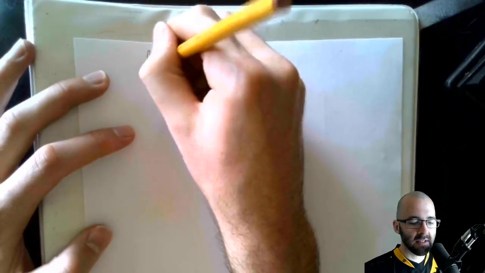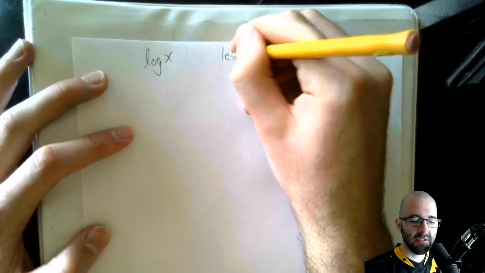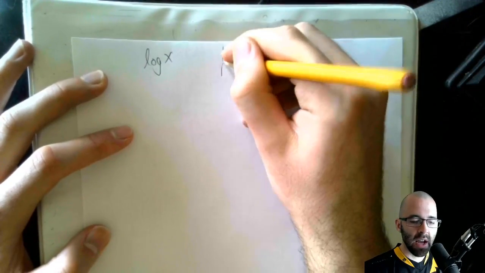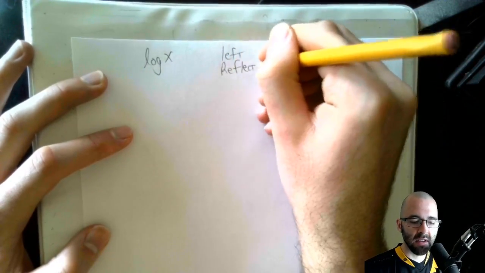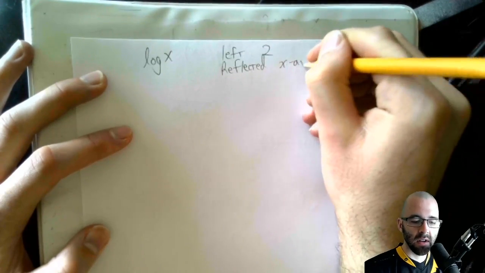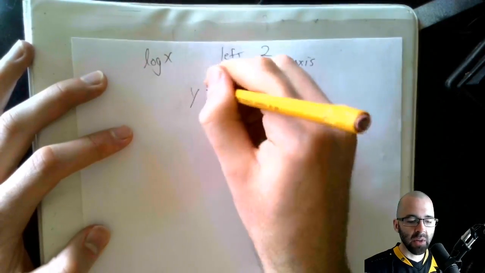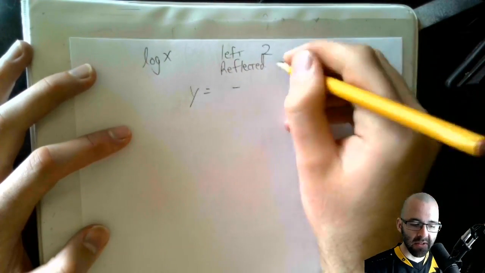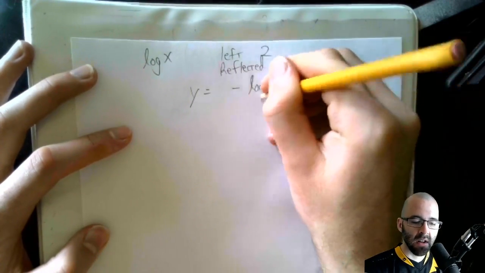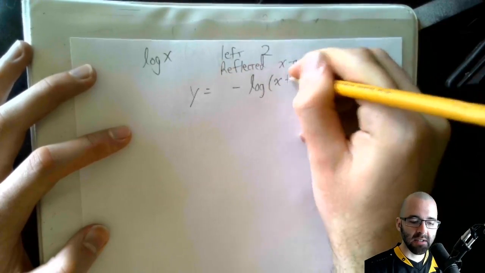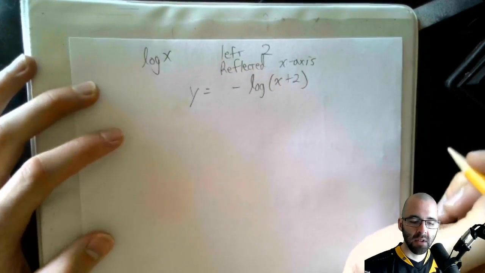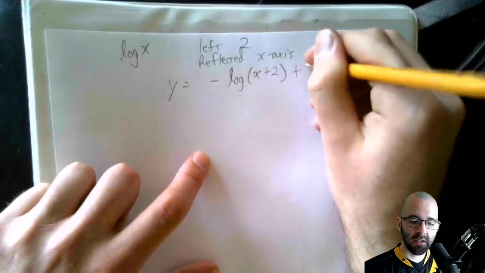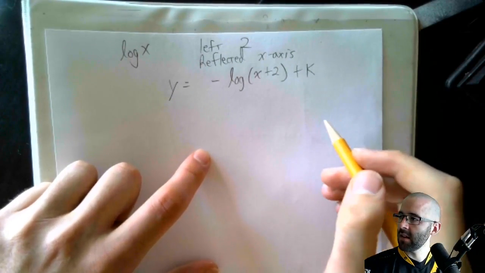So again, we said we know we went left 2, it's log x, left 2, and reflected about the x-axis. So here's what we know. We know it looks something like negative, reflected about the x-axis, log of x plus 2, left 2. We don't know the vertical shift, so maybe there's a k here.